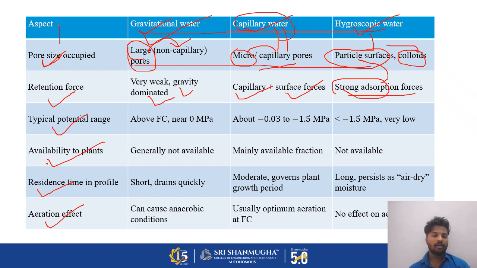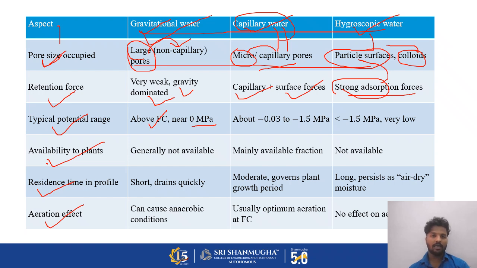Then the next aspect is the typical potential range. Above the field capacity and almost near 0 megapascal is the pressure range for gravitational water.